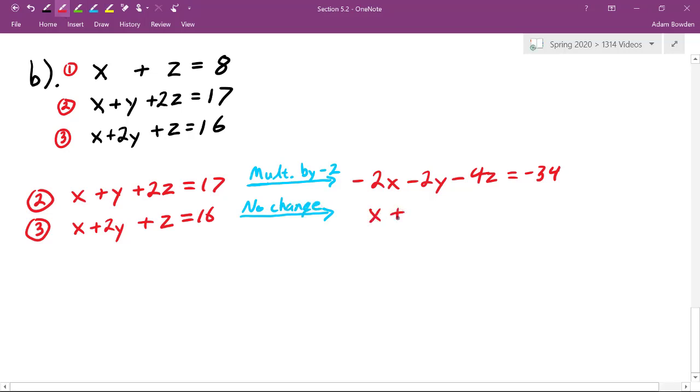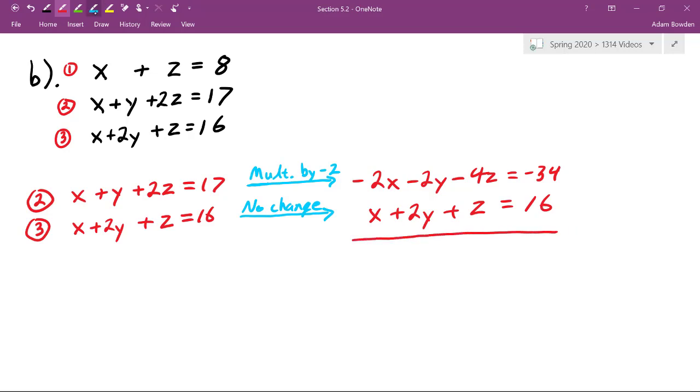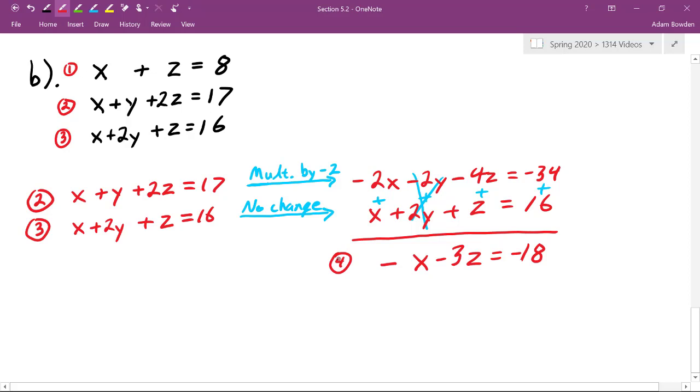So we'll have x plus 2y plus z is equal to 16. And so that is going to cause our y variable to cancel out when we add these together. So that'll be gone, and we'll be left with -x minus 3z is equal to -18. And we'll call that equation 4.